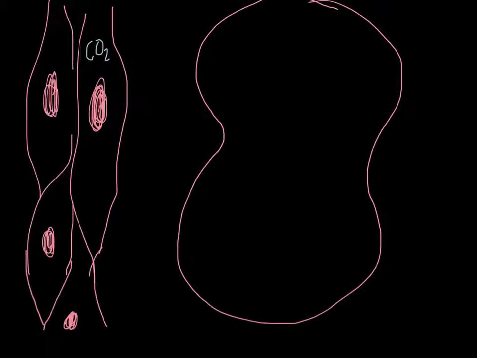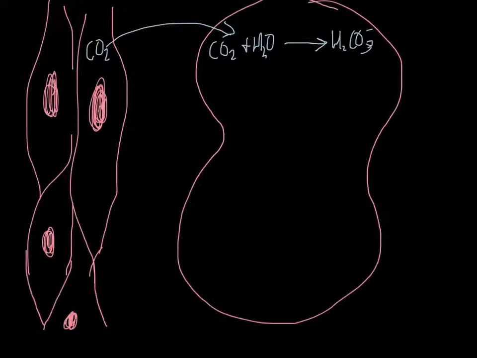This CO2 is going to diffuse into the red blood cells, where it's going to combine with water, and that water and carbon dioxide produces carbonic acid, or H2CO3. That carbonic acid is formed with the help of an enzyme called carbonic anhydrase.